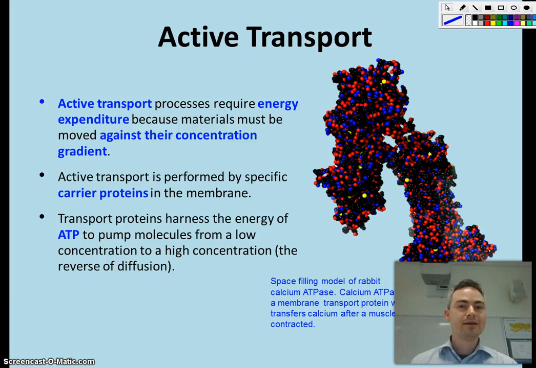Once again, the shape of the protein channels is specific to particular molecules, so the cell can control what it will actively move in and out of the cell by having those specific protein channels present. The cell will use ATP to power these protein pumps, as they're sometimes referred to, that allow it to move molecules from areas of low concentration to areas of high concentration.